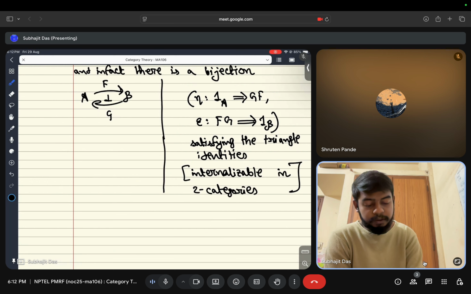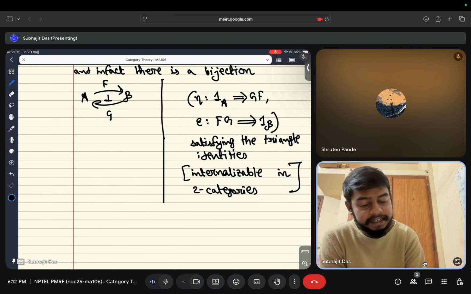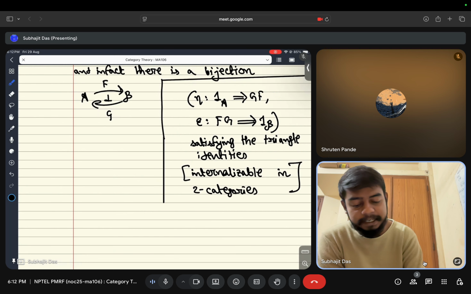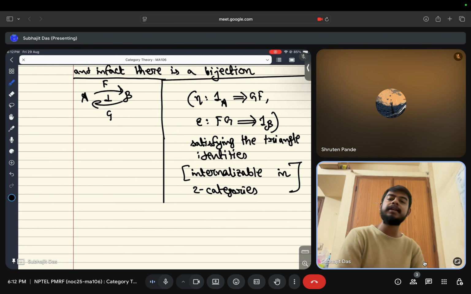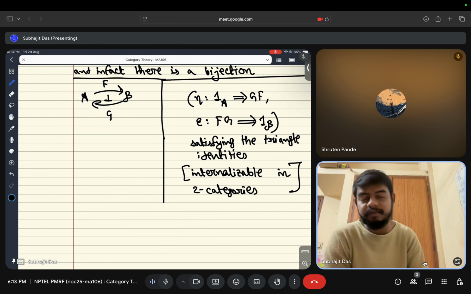This is the idea of mathematics, and in category theory in particular: you try to reformulate something in a slightly different way, and it turns out that this new definition has more applicability and can be used in different contexts. So this is one of those instances.